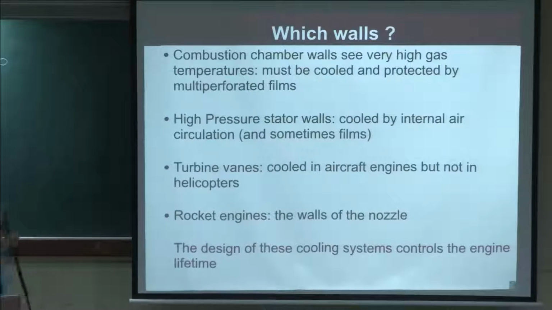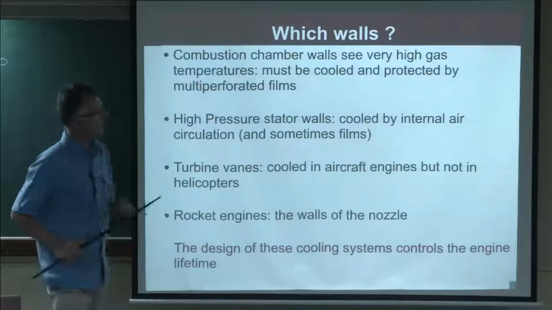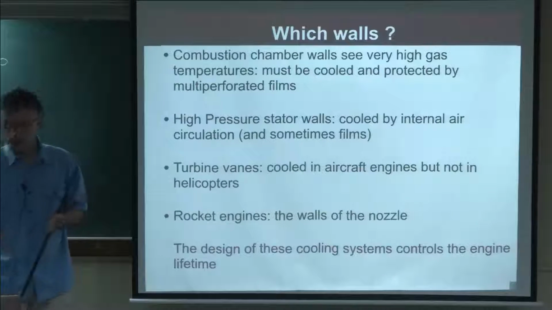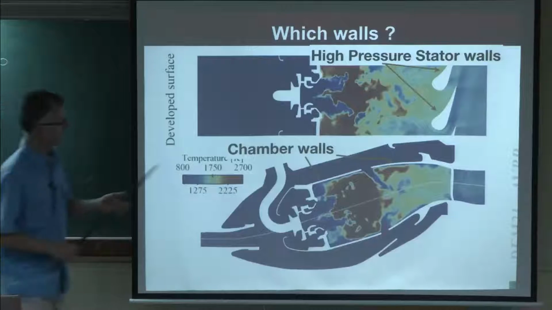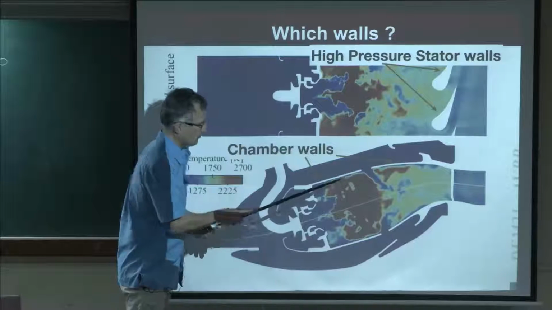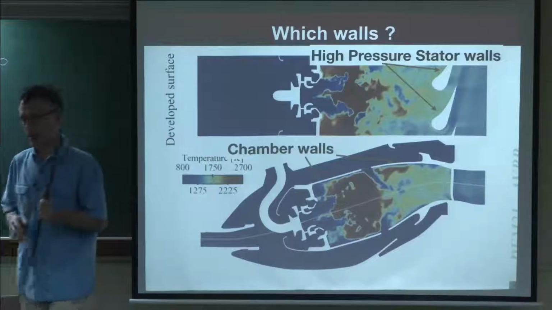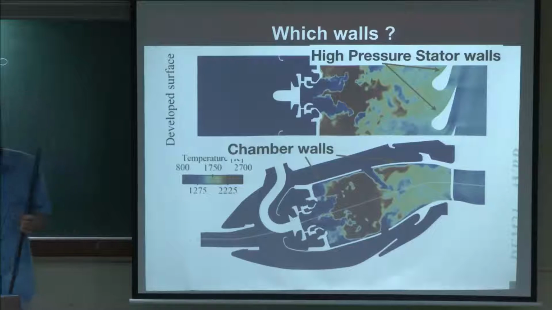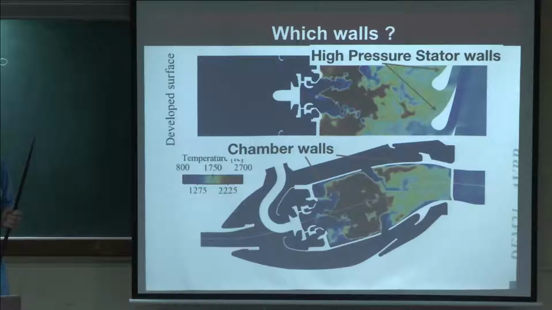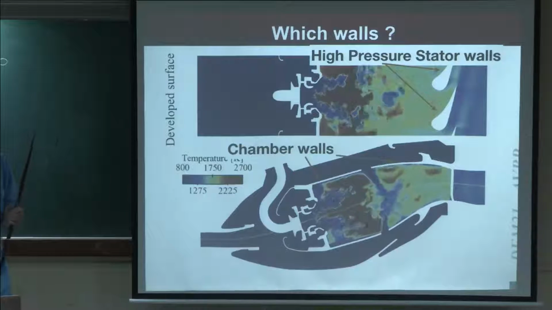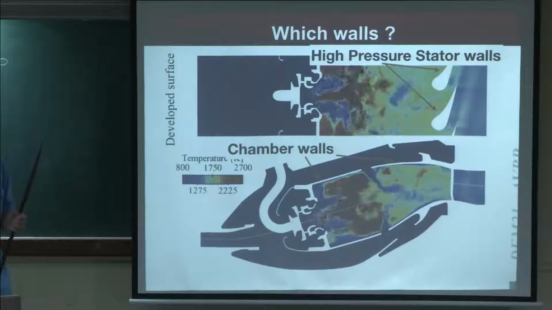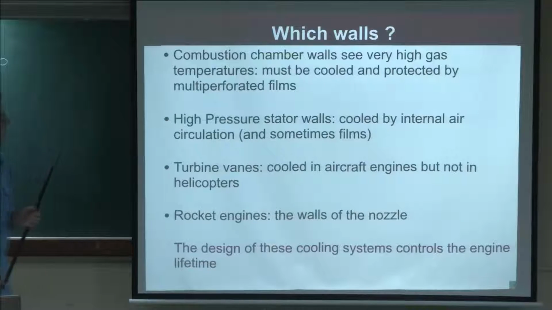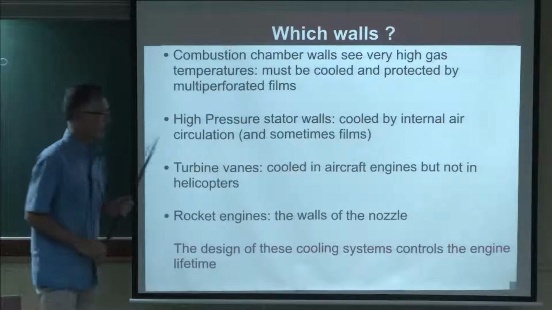So, of course, the first walls which see the flame are really these walls. And these walls here are in a very critical position because they see the highest temperatures. Now, when this happens, you really have to do something for them. Okay, you cannot leave them like this. So you have to add usually multi-perforated plates here.